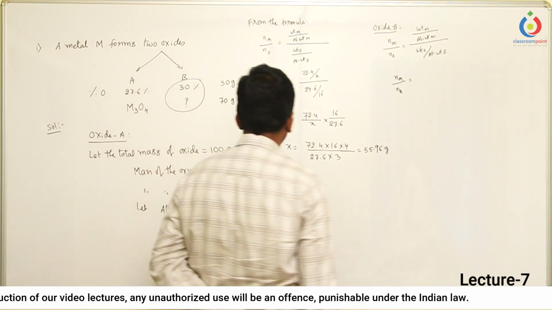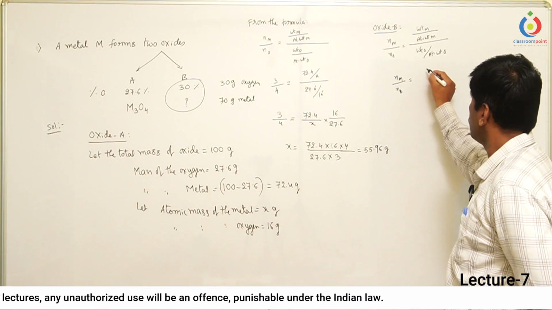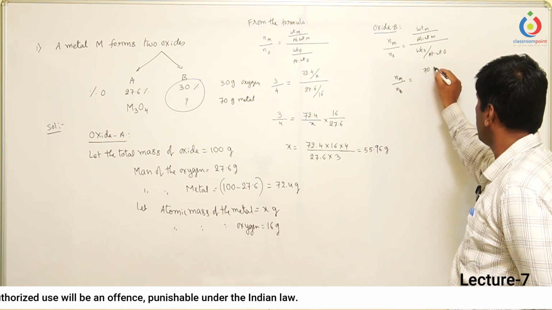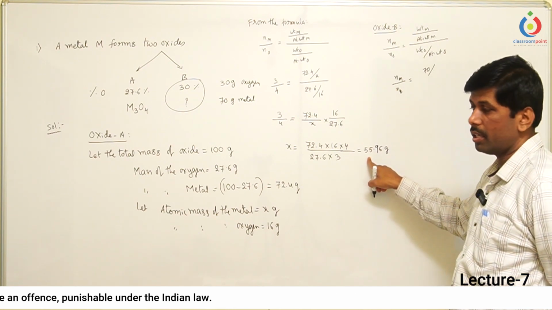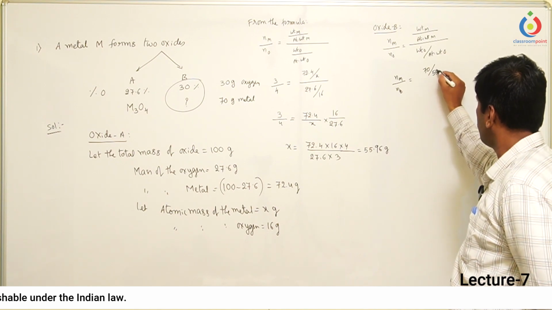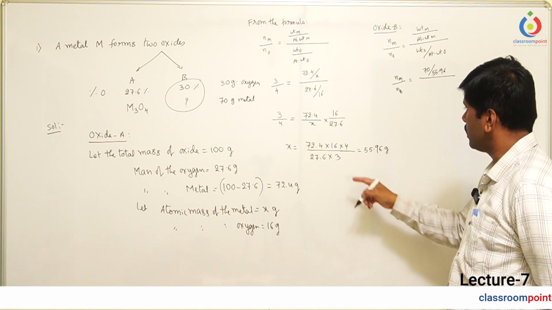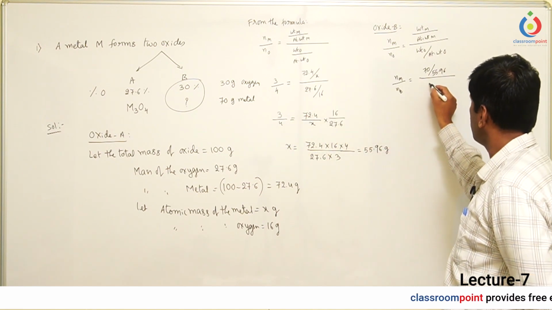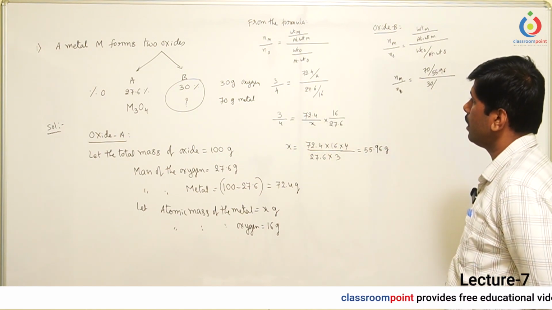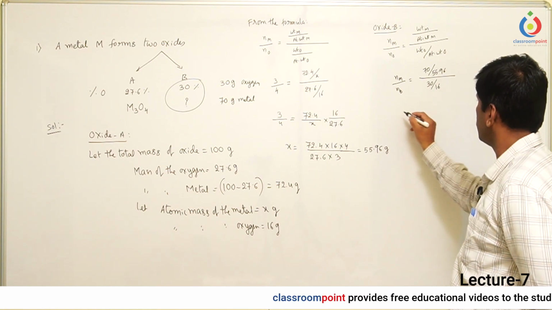Then let us take these masses. The weight of the metal is 70 divided by the atomic mass we calculated, that is 55.96 grams, whole divided by the weight of the oxygen, 30 grams divided by the atomic mass of oxygen, 16.